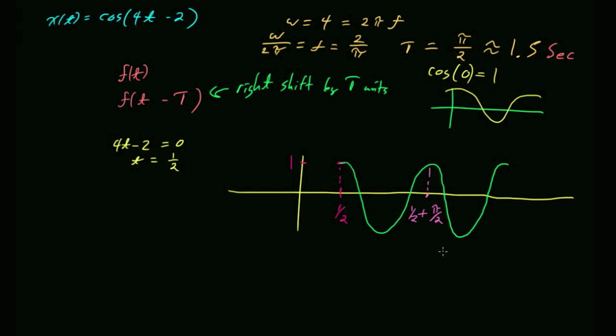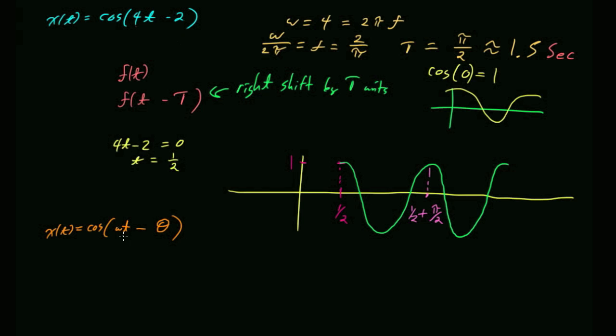There are two ways of doing it. Probably the easiest way is to say this. The generic formula is x of t equals cosine of omega t minus phi. I'm just extending our generic cosine; this was without a phase shift, and now I'm adding a phase shift.